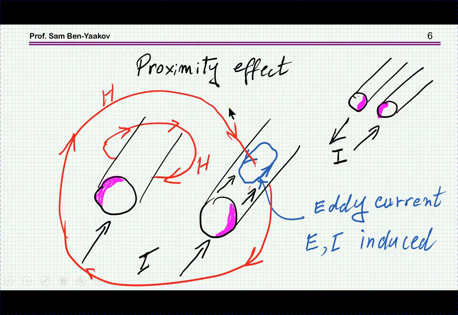And this field will reach also the adjacent wire, and therefore it will invoke eddy current due to the induced EMF, or the voltage. And this eddy current, due to the high conductance of a wire like copper, could be of fairly high magnitude. And this current, as we can see now, will on this end be added to the current originally injected into the wire, while here it is subtracted.